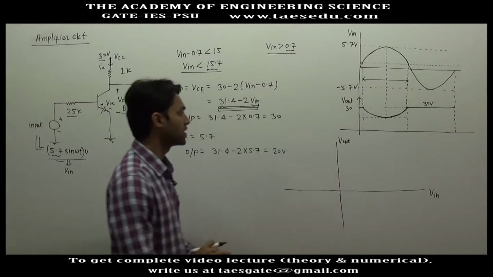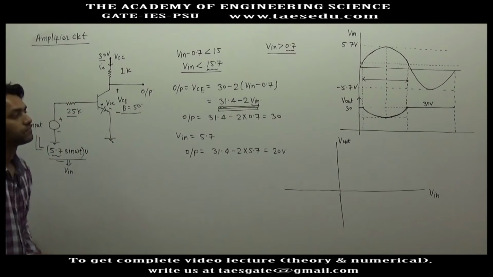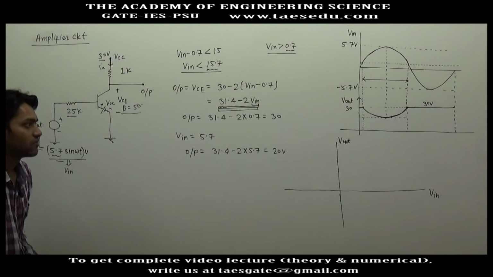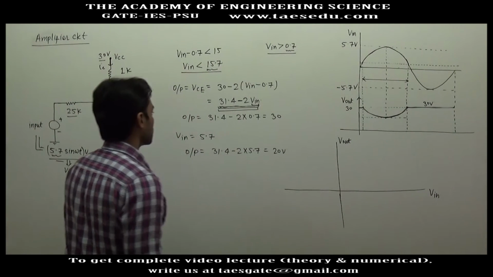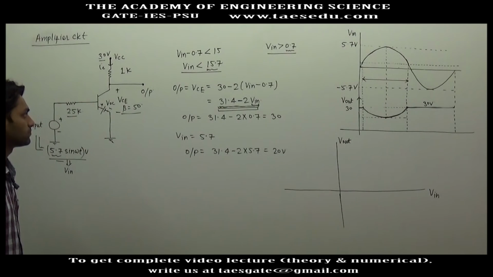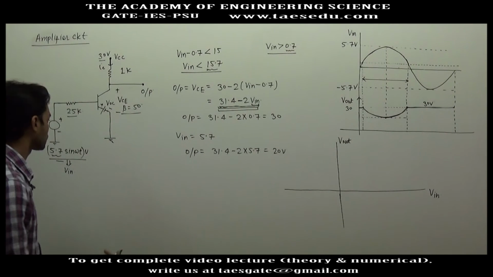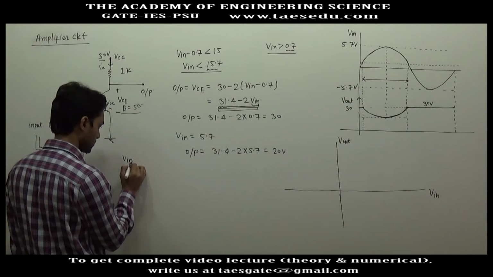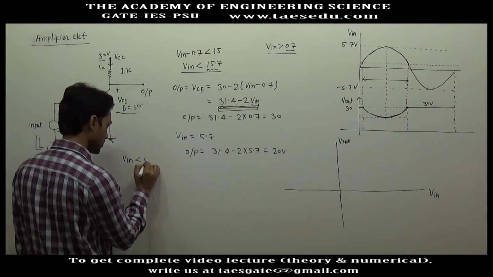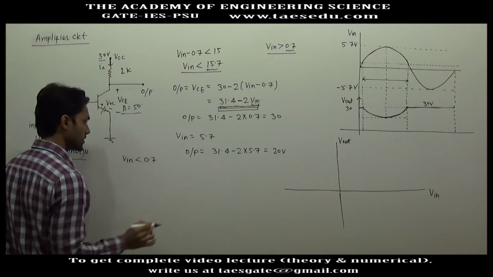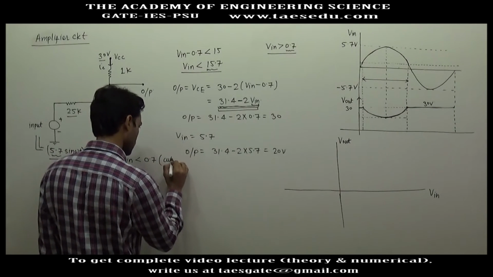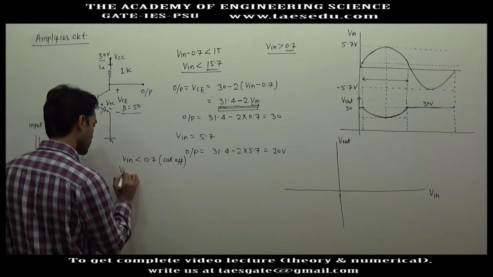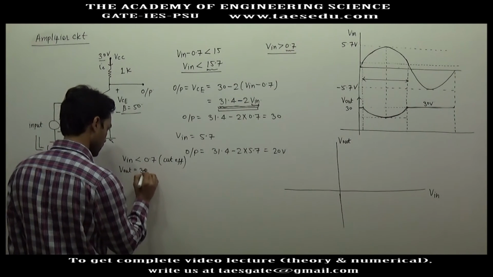Although we are doing a numerical, this will make a base for you to study amplifier circuits. Okay, so we have two types of expressions. First, when V input is less than 0.7 volt, it operates in cutoff region, and output voltage is constant at 30 volt.